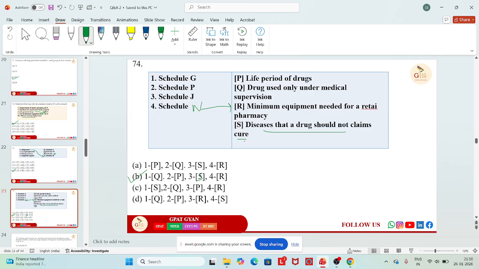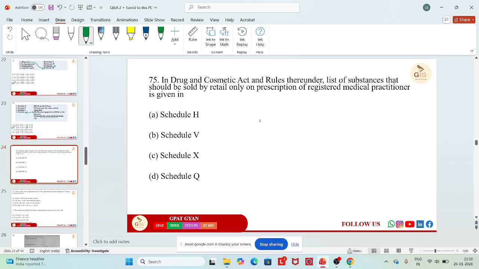Okay, clear? Okay. This was up to today's jurisprudence. There is another question. Should be sold by retail only on prescription of registered medical practitioner. Schedule H again. A. Two times a question.